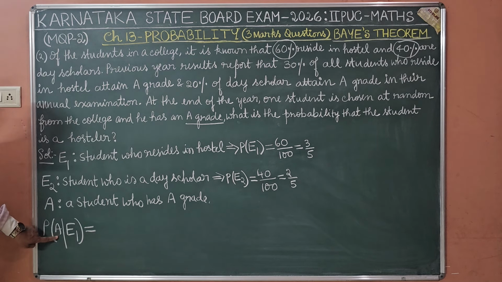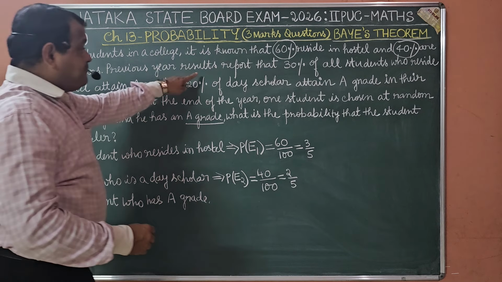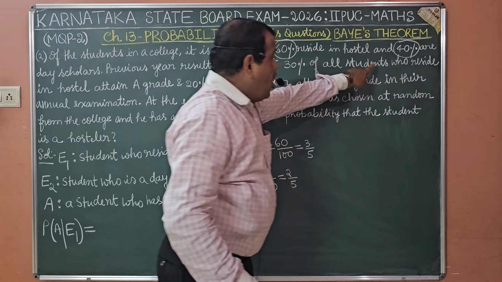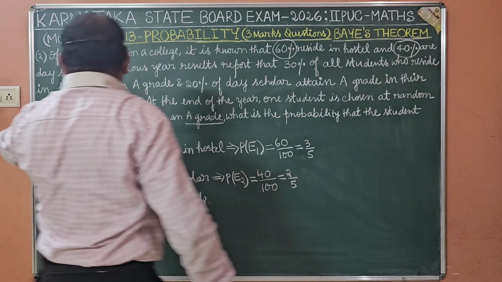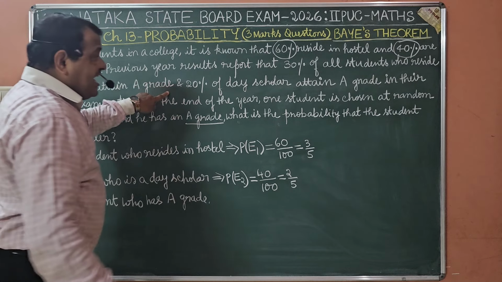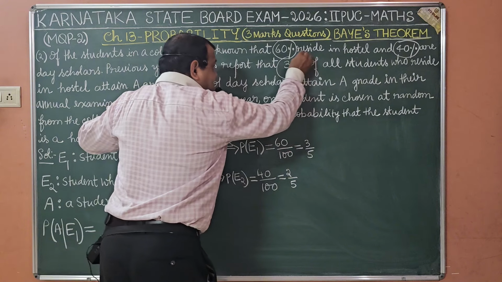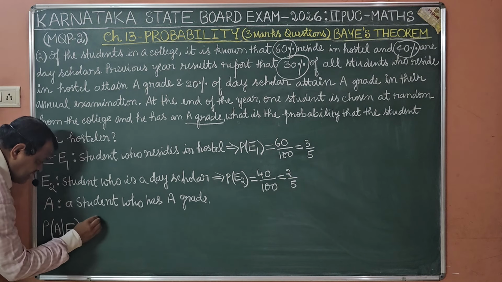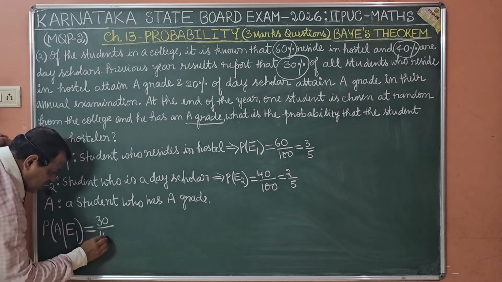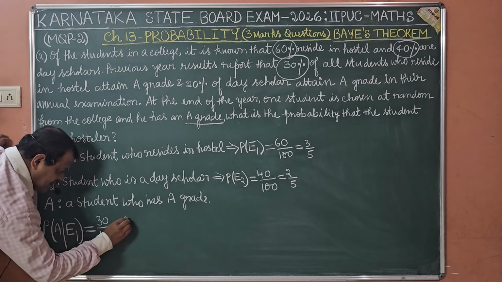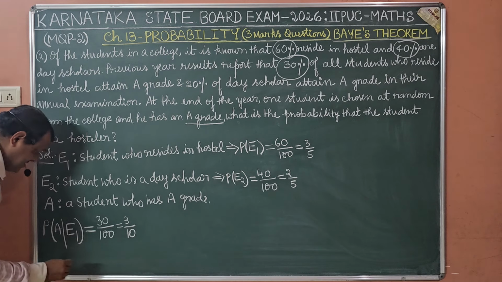What is the possibility that he secured A grade last year? Let us check. See, 30% of all students who reside in hostel attain A grade last year. Say 30%. Therefore, it is 30 by 100, which is 10 goes 3 times, and in denominator 10 times.